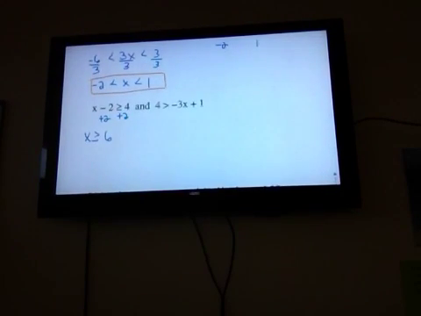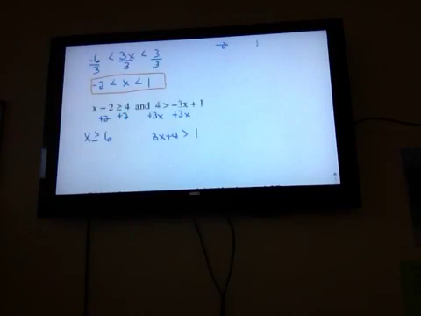Now, in this next question, I personally would bring the x to the left side so you don't mess up the graphs. So I'm going to add 3x. So I'm going to have 3x plus 4, or 4 plus 3x, one way or the other, they're the same.